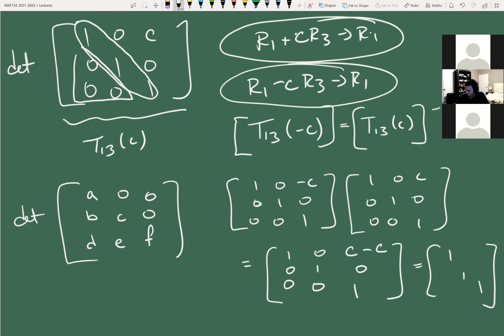If I add 2 times row 2 to something, to undo that I'm going to subtract 2 times row 2. And that's how I knew that it would work out. Okay, does that make sense? Okay.